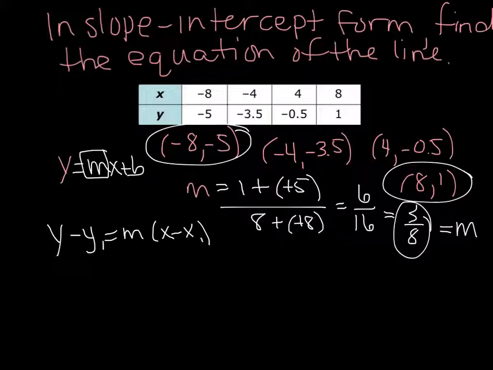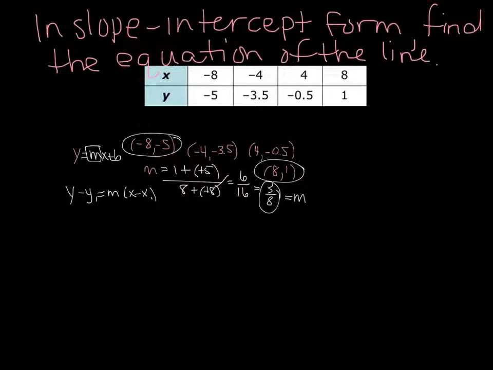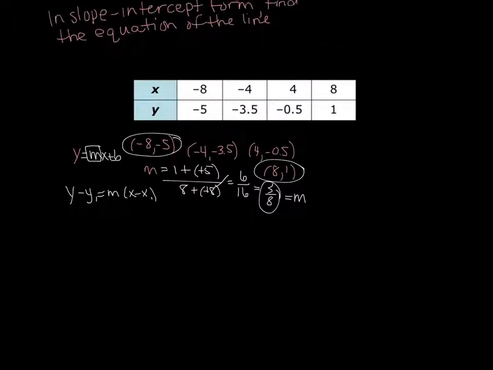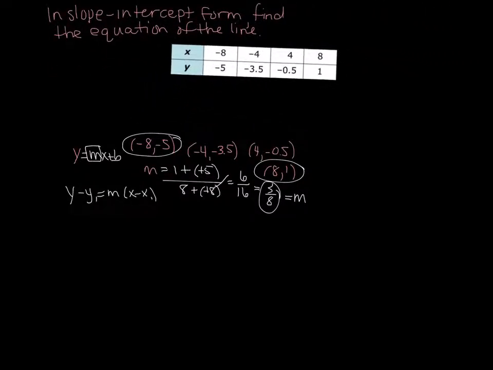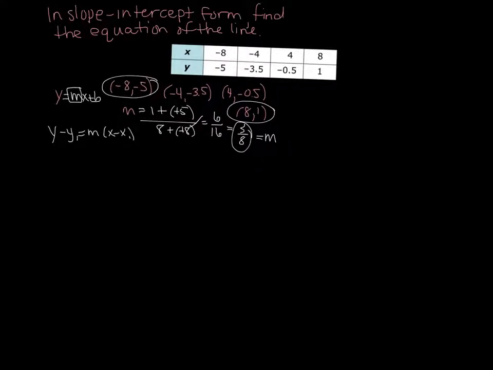So again, my slope is 3/8. Let me just shrink this so we have a little bit more room. Okay, so I'm going to first do the point-slope form. I know that m is 3/8. I'm just going to plug that right in.